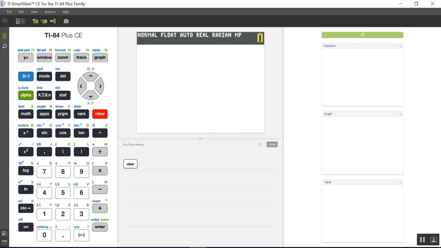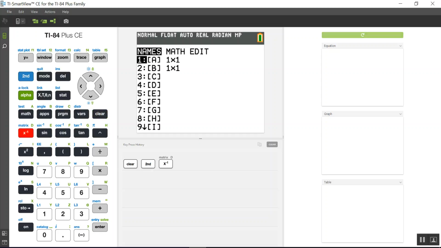To access that, I'm going to do second and bring up the matrix menu, and you'll notice there are 3 submenus: names, math, and edit. Names is when we want to call up the name and use it as though it were a variable or a value. Math contains the different things we can do to the matrix, and edit is how we're going to create these matrices.